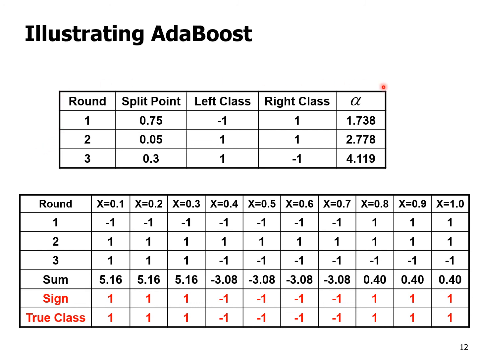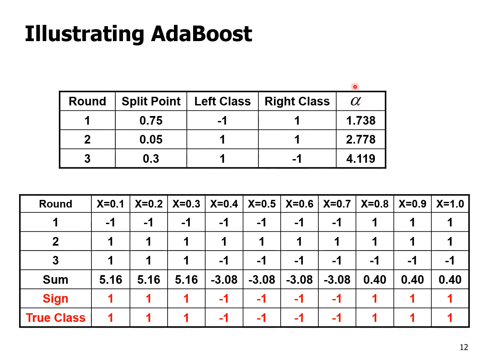So in this picture here, in each round of sampling, we have a classifier, and these are the alpha values, which are the weight or importance of the classifier. For the first classifier, its weight is 1.738. For the second classifier, the weight is 2.778, and the third one, its weight is 4.119, right?